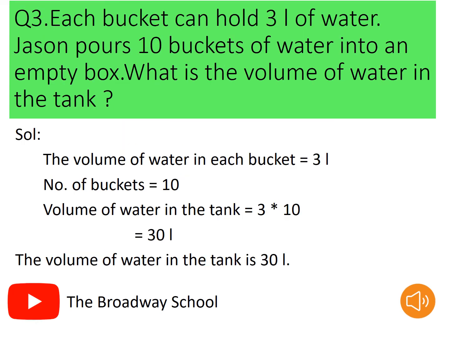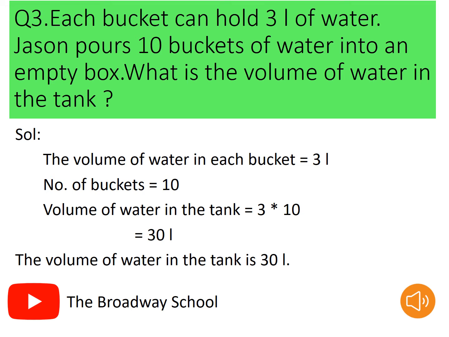Question number 3. Each bucket can hold 3 liters of water. As you see in your book, there are 10 buckets. Jason pours 10 buckets of water into an empty tank. What is the volume of water in the tank? As you can see on page number 245, there are 10 buckets.